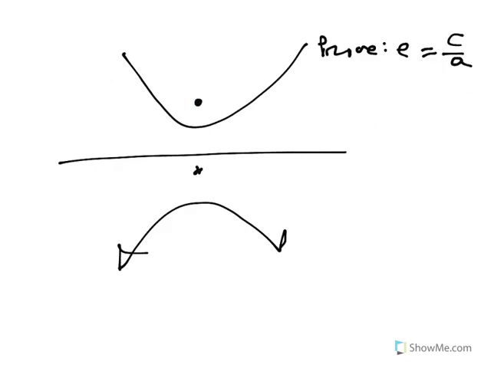Now I want to do a proof of something that I said in an earlier video, that eccentricity always equals C over A. Using this picture with the directrix, I want to show that this E is the same E as when I do the thing with the focus and directrix. So here come some variables. C is the distance from the center to the focus.